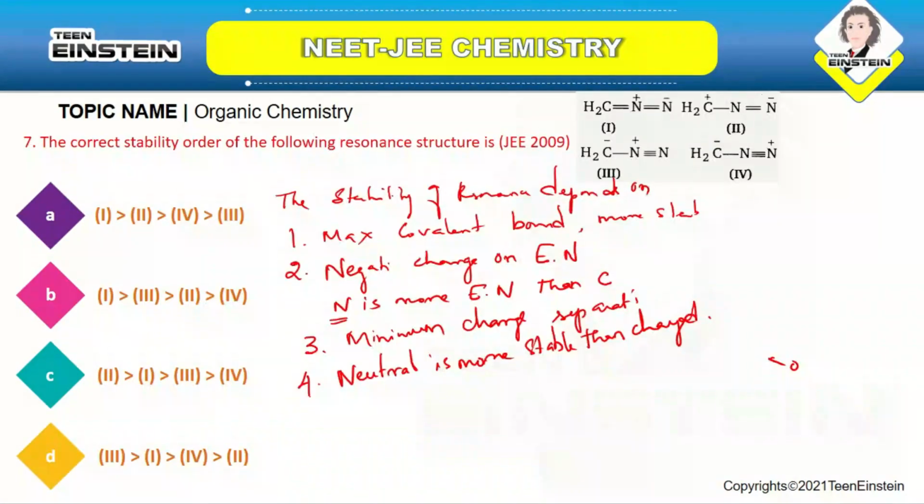So let's see the first option. The first structure is the most stable, because it has more covalent bonds and the negative charge is on an electronegative atom. Next, come to the third option.